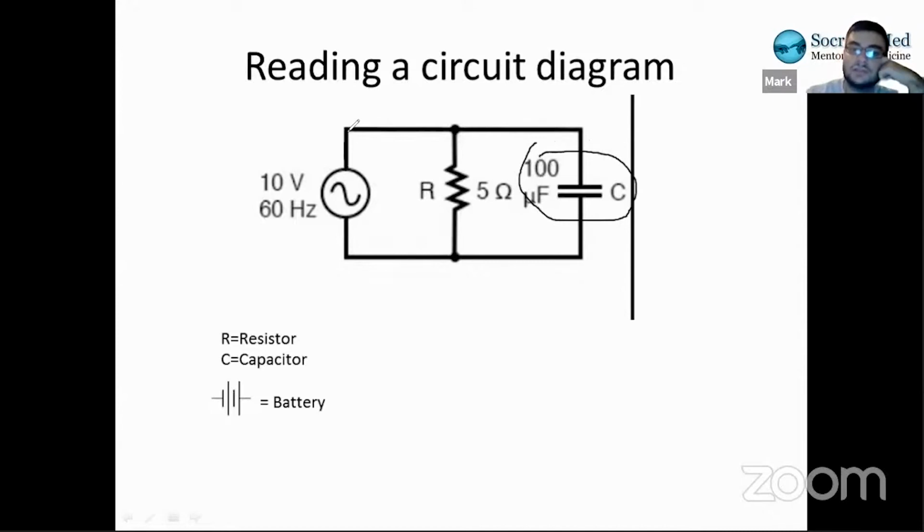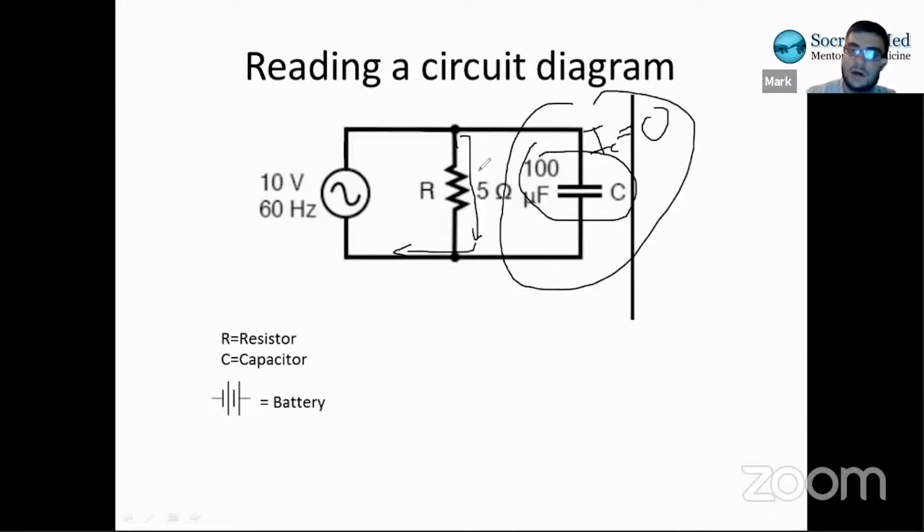So even though these two are in parallel, you can think of it as the current only passing through this way, because the current here, I at, say, C, which is the capacitor, equals 0.